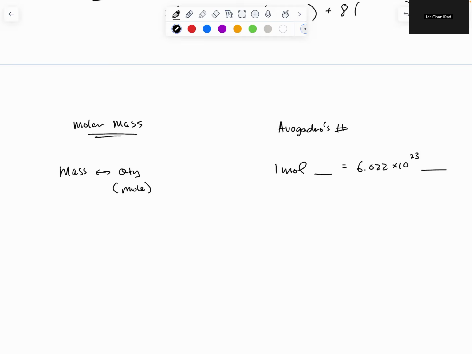Now, I intentionally put the blank right there because it is supposed to be a blank. You have to insert a noun over there. Like by saying 1 pair, I would have no idea you are talking about 1 pair of what. You have to say, oh, it's about 1 pair of shoes, or 1 pair of socks, or 1 pair of glasses. You have to say it specifically.